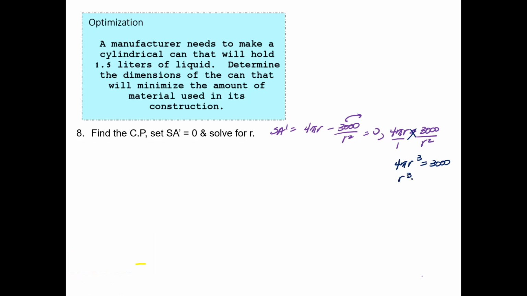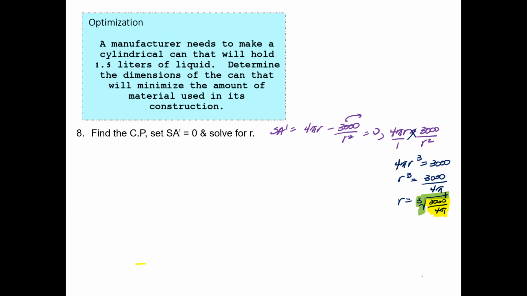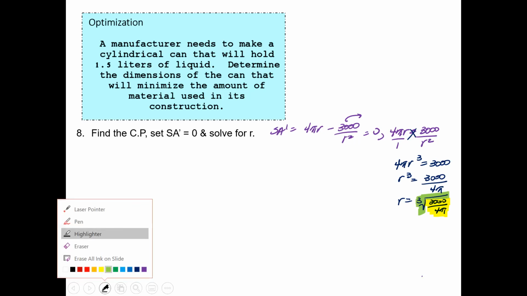Your goal is to get r by itself. So you have 3000 divided by 4 pi, and then you're going to go ahead and cube root the 3000 over 4 pi. The best thing that you can do is first put 3000 divided by 4 pi in your calculator. That's going to give you a decimal. And then from that, do the cube root of it.